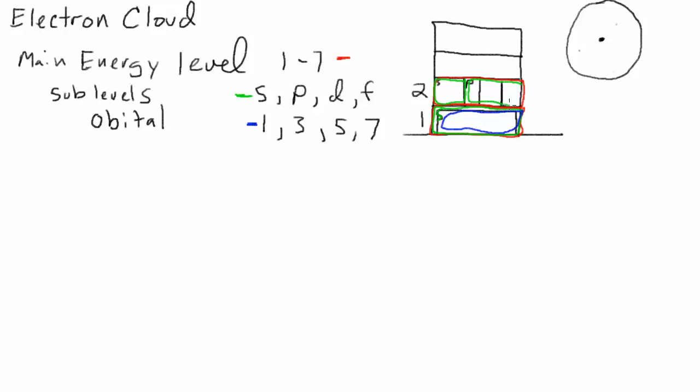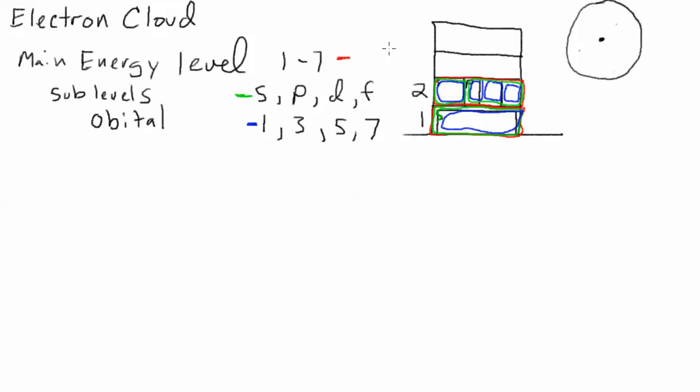And then in the S sublevel, there's only one orbital. And in the P sublevel, there's 3. 1, 2, 3. And that's kind of how the electron cloud is organized.